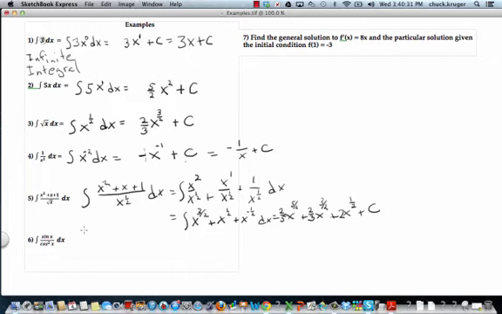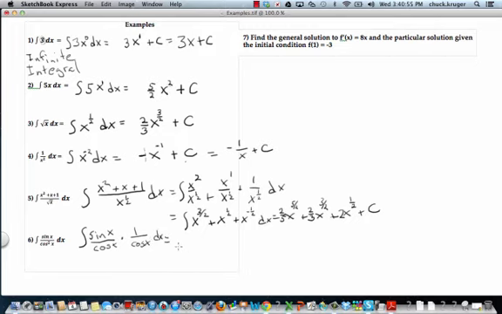All right, this next one is trig. So we're going to see what this looks like. And I can break this up as the sine of x over the cosine of x times 1 over the cosine of x dx.